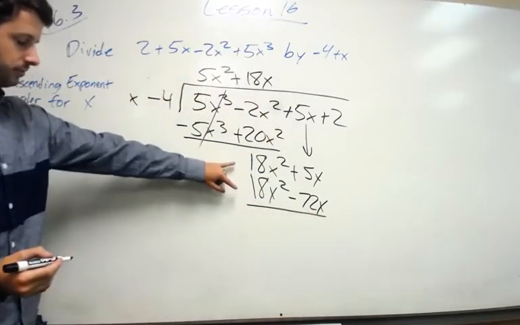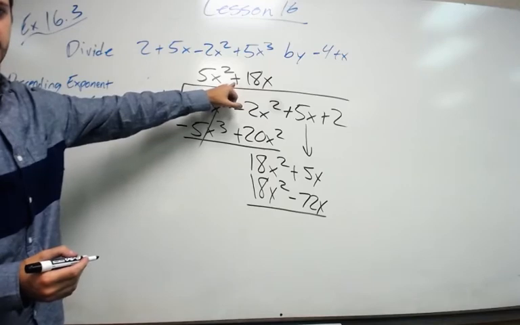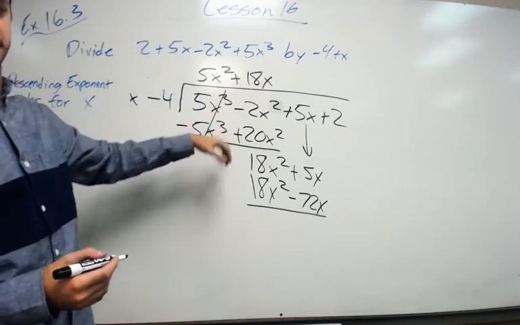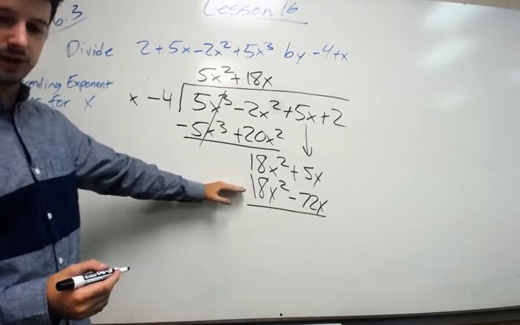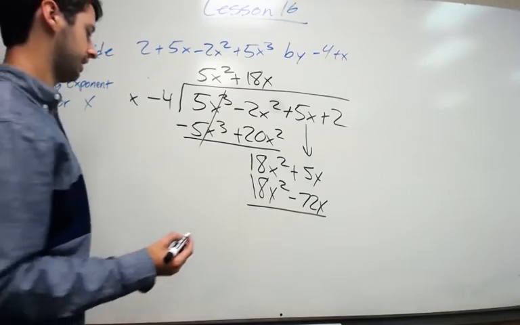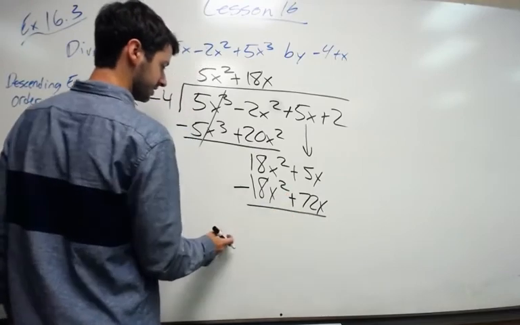Now I know some of y'all would want to multiply by the negative, but that's not how it works when dividing polynomials. You got to multiply to make sure these match. Then when we get to this point, we change the signs. Change that negative, change that positive.